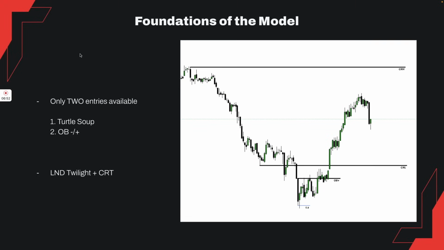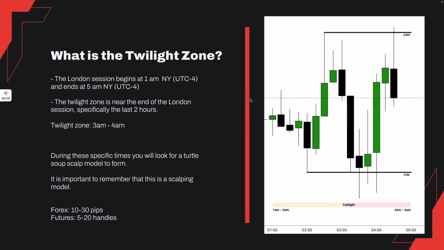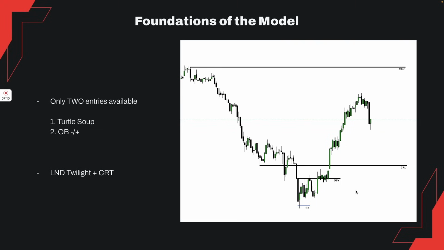So the foundations of the model. Before I get into it, let's just go back. The reason why we call it the twilight zone is because the sun is beginning to rise. The sun is in twilight. All right? Now, the foundations.